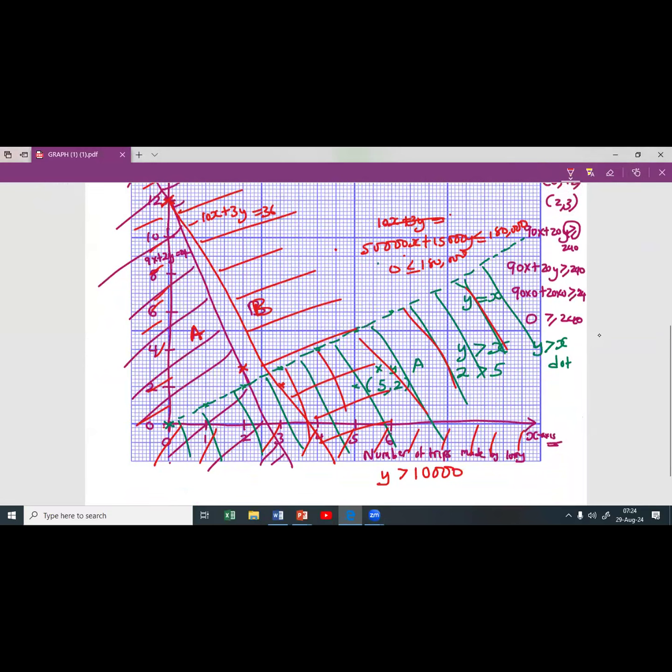The money should be higher than what? Than that. Give us an example. It can be, let me say, 10,500. Good. So here, 10,000 is not part, not so?